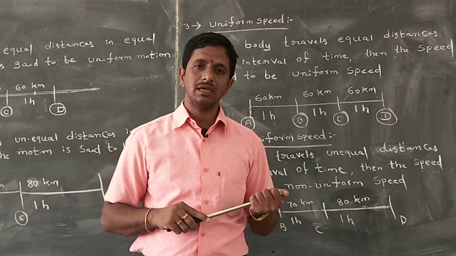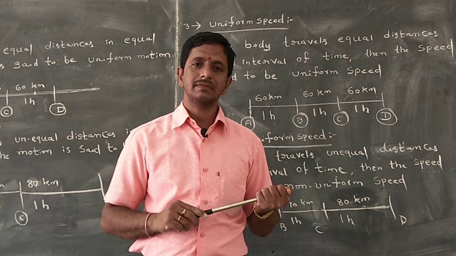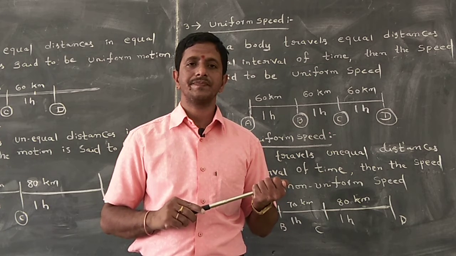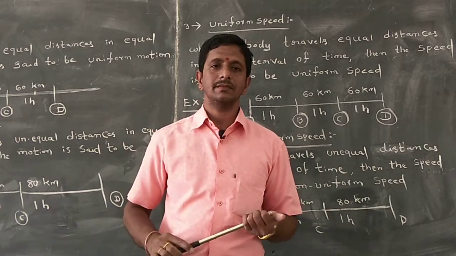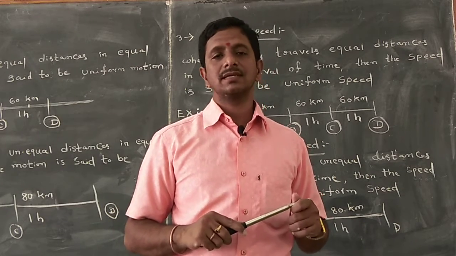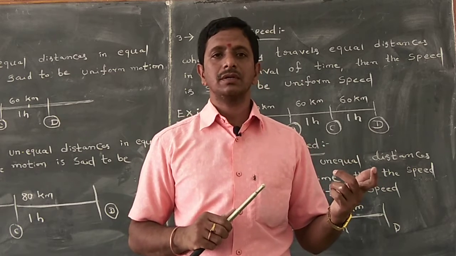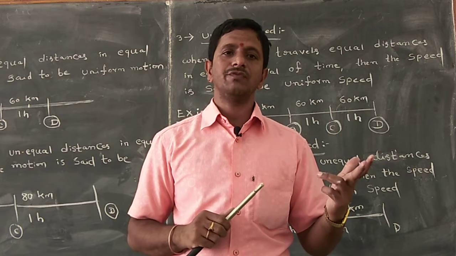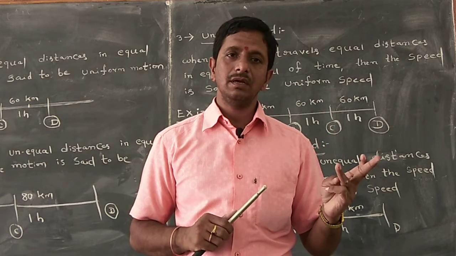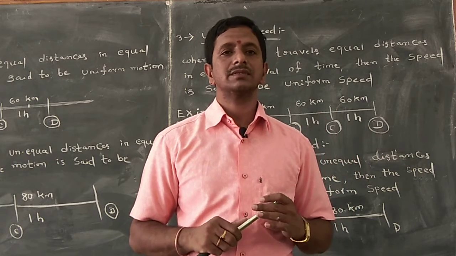Now our next concept is uniform velocity, non-uniform velocity and average velocity. Finally, today we discussed what is motion, what is uniform motion and what is non-uniform motion, and uniform speed and non-uniform speed with good examples.